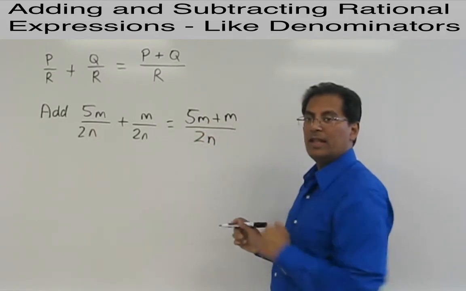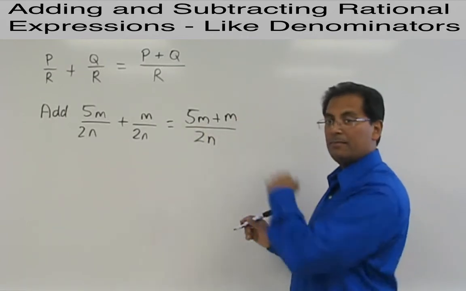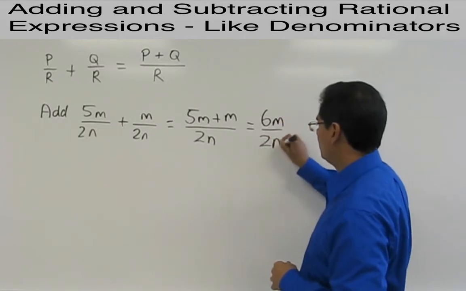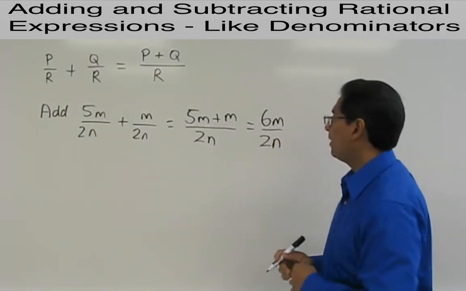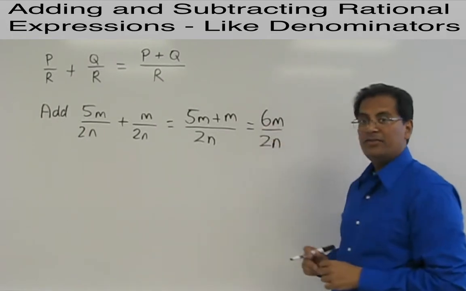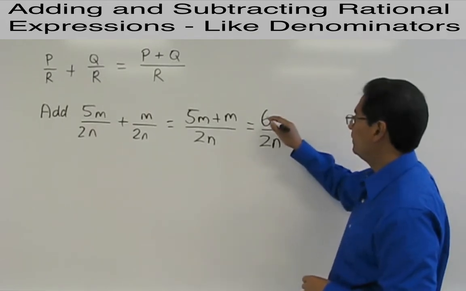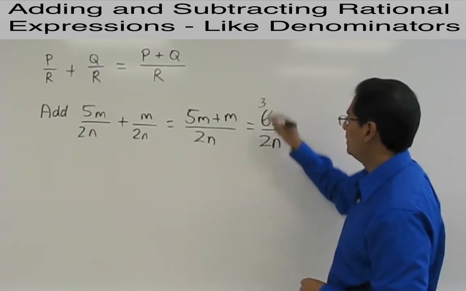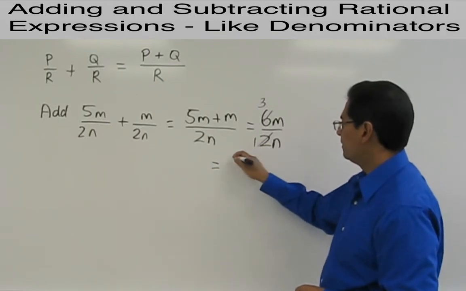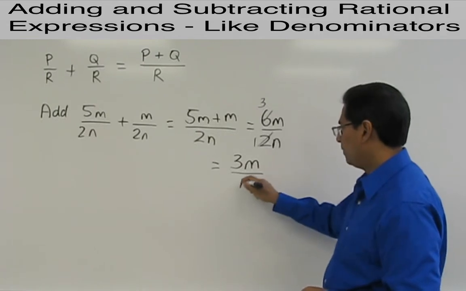And now because these are like terms on top, we can write 5m plus m to give me 6m over 2n. Now this problem is not finished, because this 6 over 2 can be simplified. 2 goes into 6 3 times, and 2 goes into 2 1 time. So my final answer would be 3m over 1n, or just 3m over n.